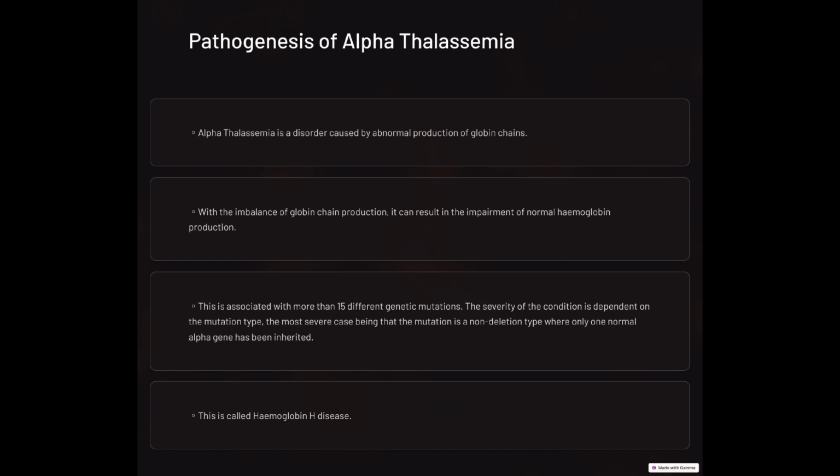This is associated with more than 15 different genetic mutations. The severity of the condition depends on the mutation type, the most severe case being a non-deletion mutation where only one alpha gene has been inherited. This is called hemoglobin H disease.